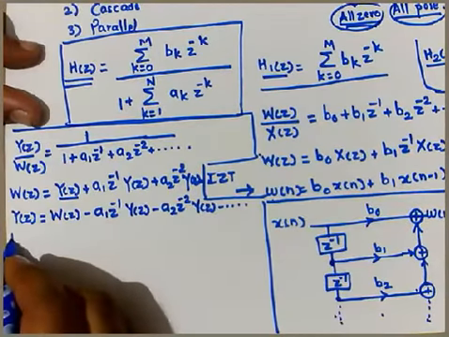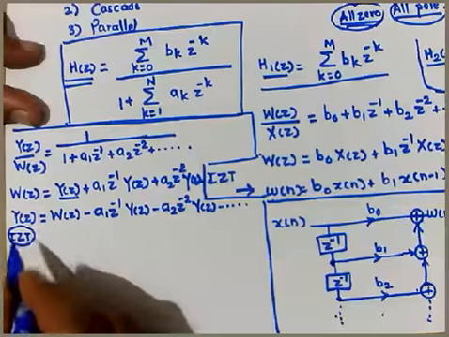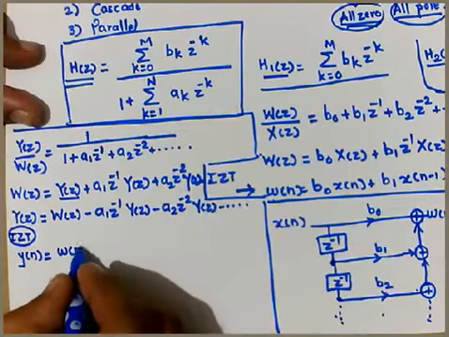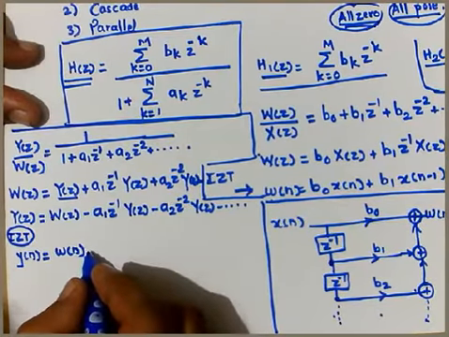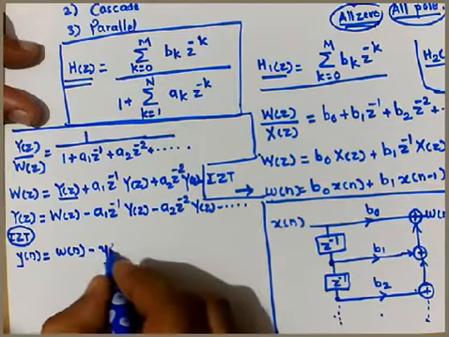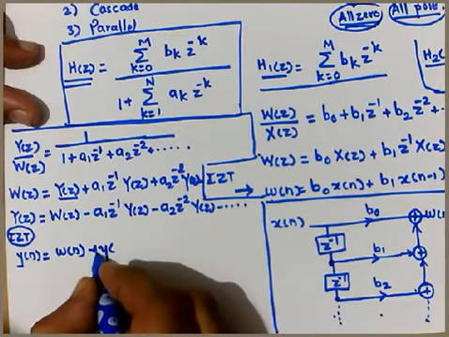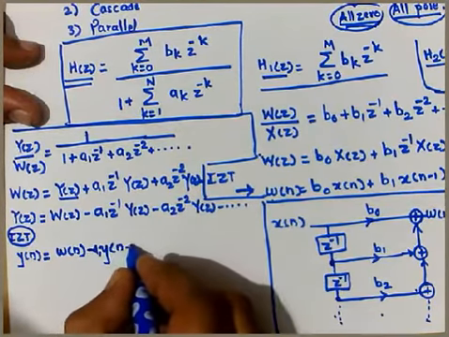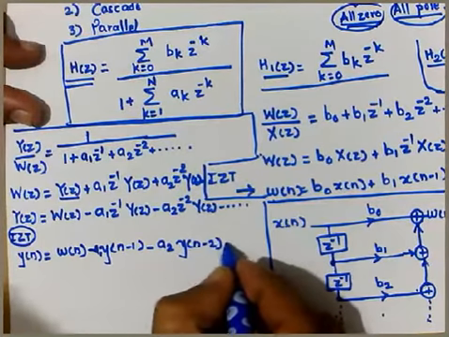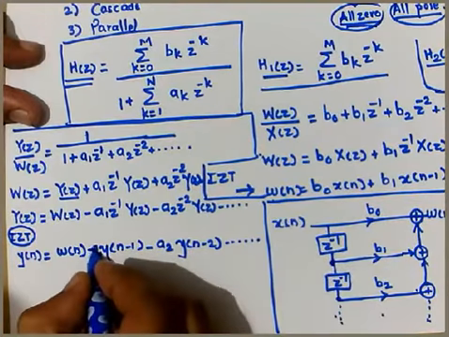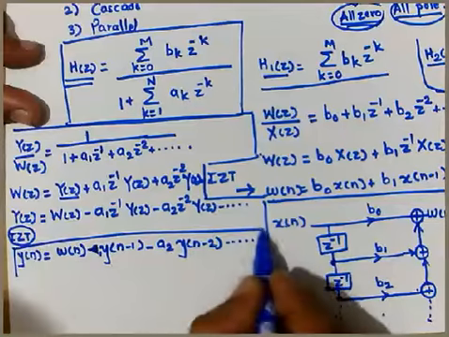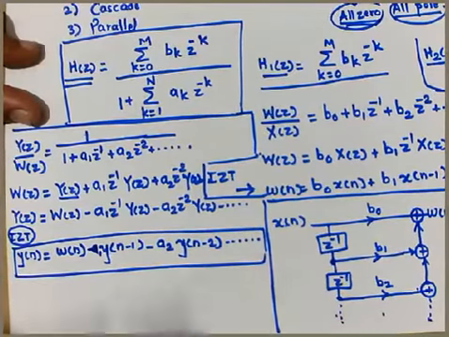So by taking the inverse Z transform, this will become y of n is equal to w of n minus a1 times y of n minus 1 minus a2 times y of n minus 2 dot dot dot. So this is how this equation will be giving the y of n.